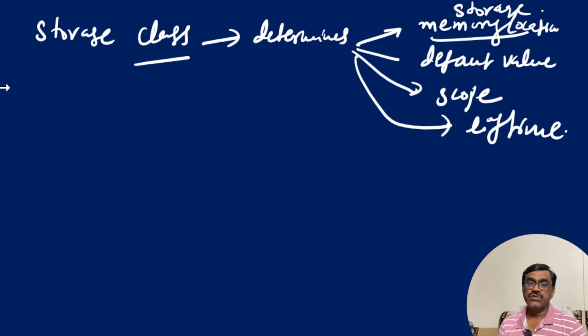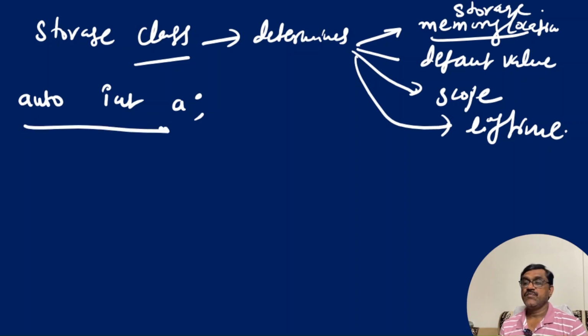So all these four things are determined by a class known as storage class, right? Now, if you say int a, we call it a variable. Before int, we use the storage class, any storage class. Here before int a, I'm using auto.